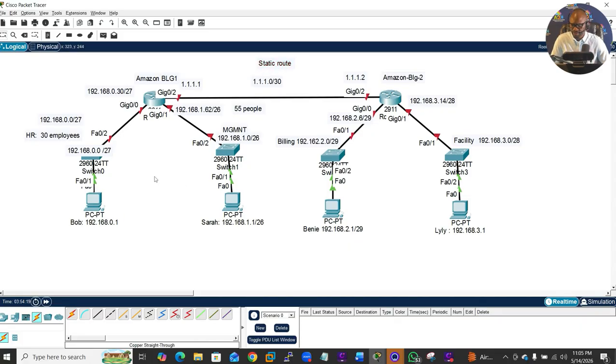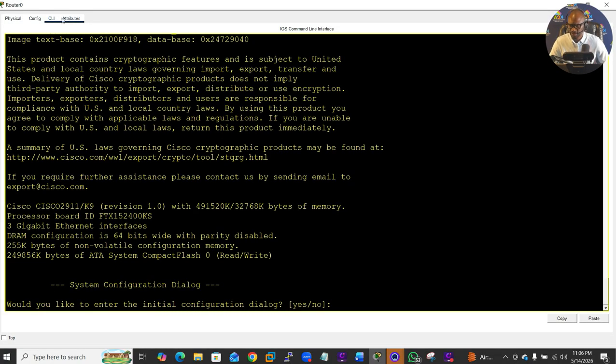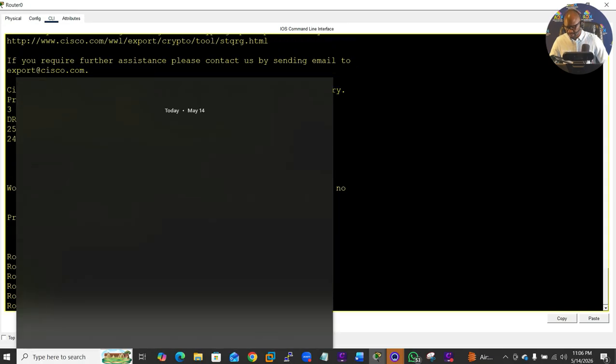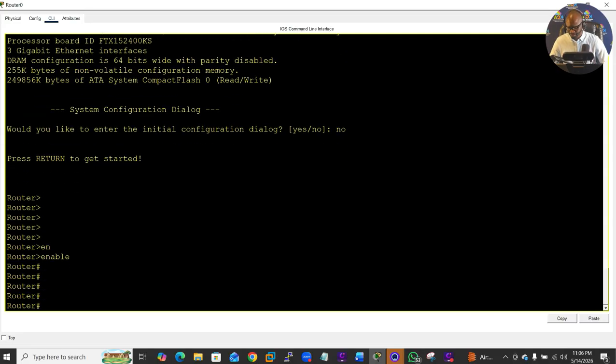All right, so let's get started by configuring the interfaces on this router. When we first log into the router, we go to CLI. Here at the bottom, it says, would you like to enter the initial configuration dialog? Let's say no. And then enable is the first command to go into privileged EXEC mode. Enable, enter.